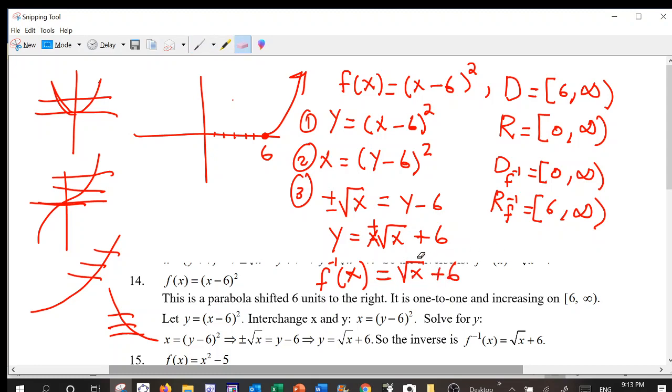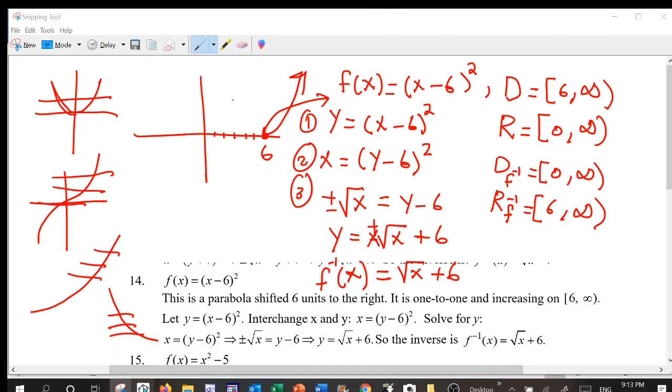So if you graph this square root of x plus 6, you're going to get this right here. So you're going to get kind of like that. Now, the way I graphed it is not really to scale.